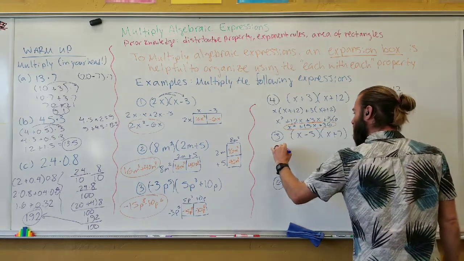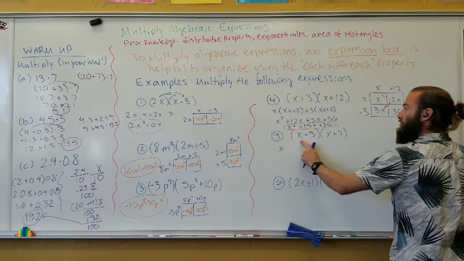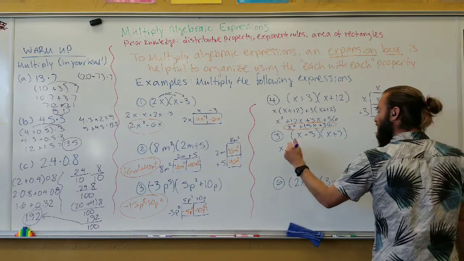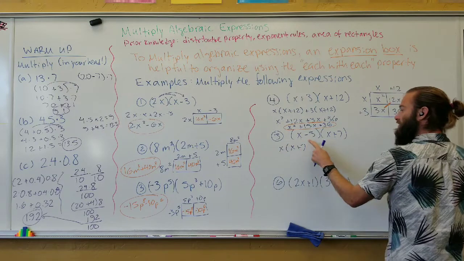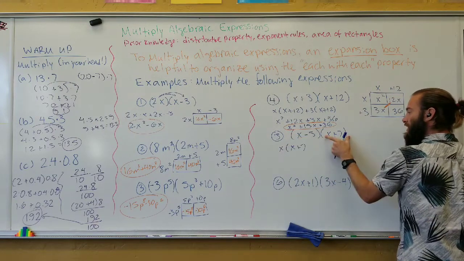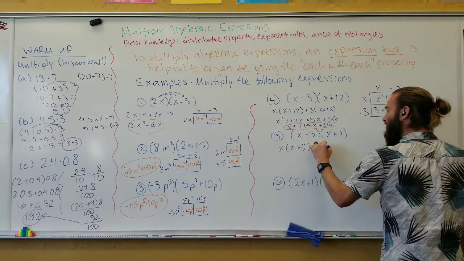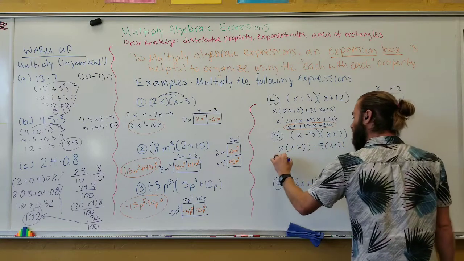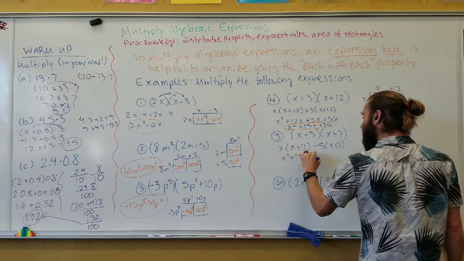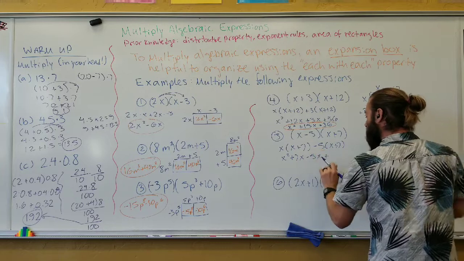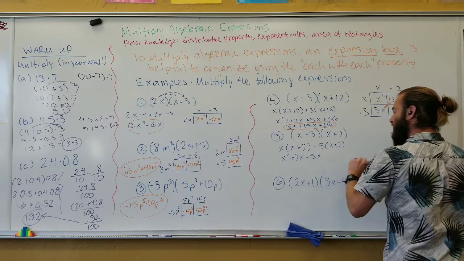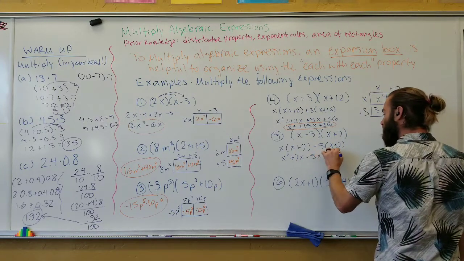I'm going to do them a little bit quickly. We're going to do x times x plus 7, right? That x plus 7 with that, and that with that. Minus 5 times x plus 7. Then I get x squared plus 7x minus 5x plus, oops, not plus, negative 5 times 7 is minus 35.